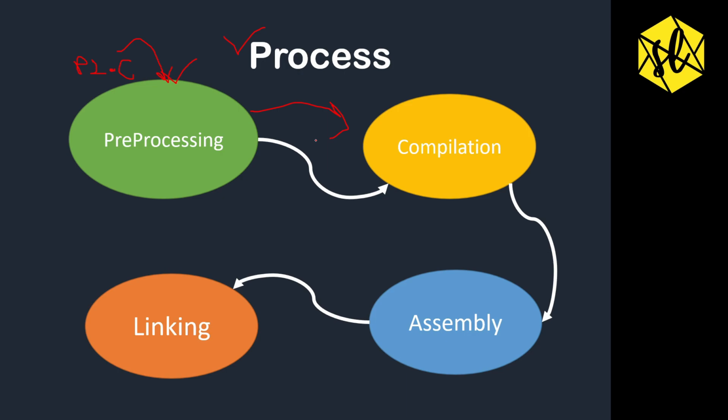Assembly code is code which is only understood by the hardware or the processors. The compilation process converts the code to assembly code, and then the assembly process converts the code to the object code.